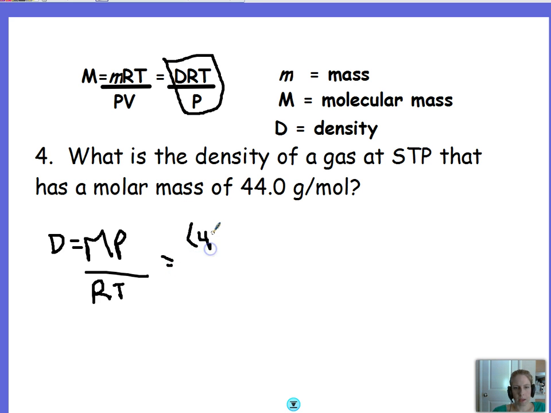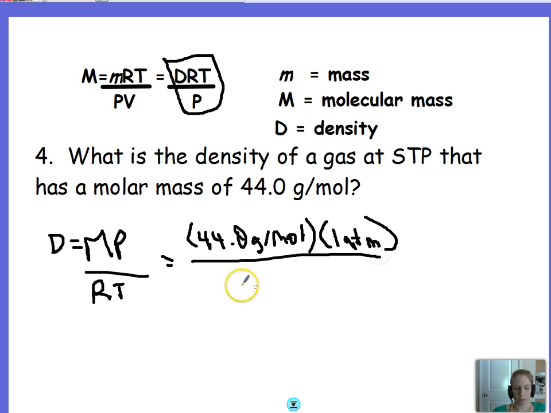So my molar mass was given as 44.0 grams per mole. And at STP, I'm going to use 1 atm again because it just gives friendly numbers, all over standard temperature of 273 Kelvin.